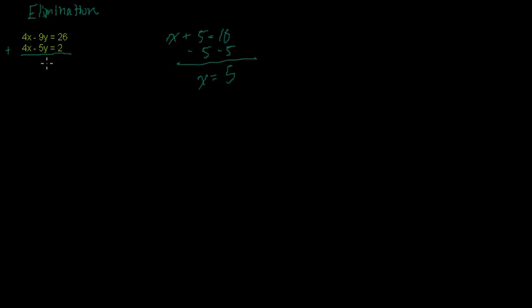And how do we do that? Well, we can see that on this side we have 4x and 4x. We have 4x in both equations, right? So what we end up doing is, basically what we do to one term, we can do for the entire equation. We want to be able to cancel this out, and how we do that is by making this term negative.